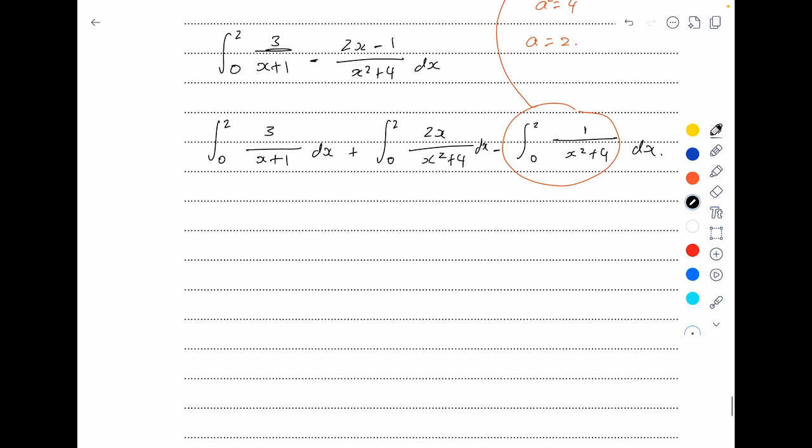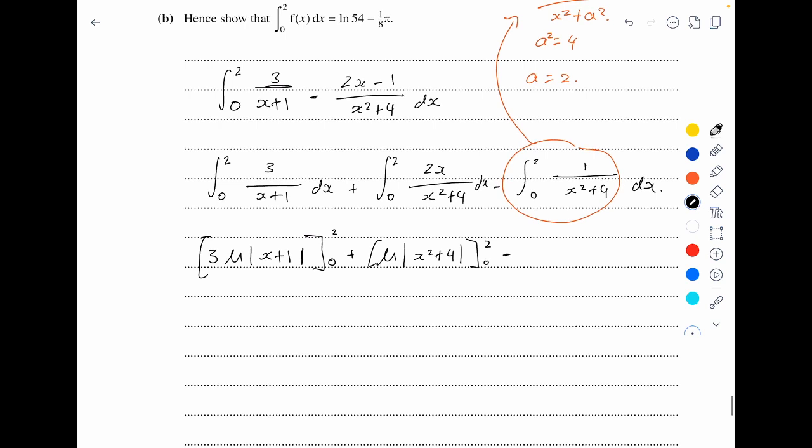And so using that logic, what can I say? Well, starting from left to right, we get 3 ln (x plus 1), between 0 and 2, plus ln (x squared plus 4), which will be between, again, 0 and 2, minus 1 over a, so 1 over 2, arctan of x over a.